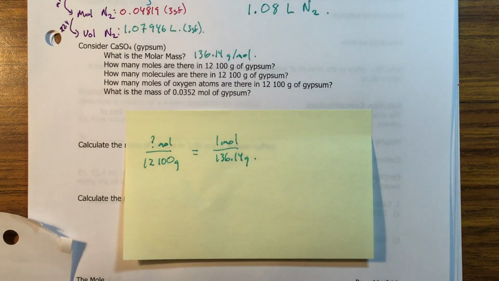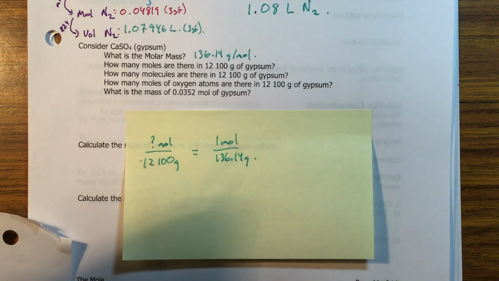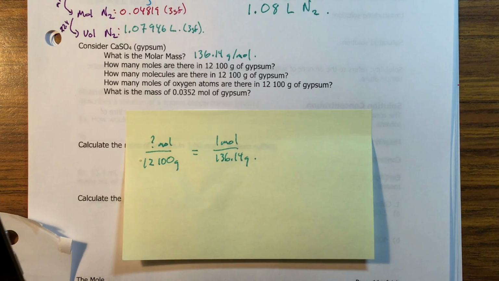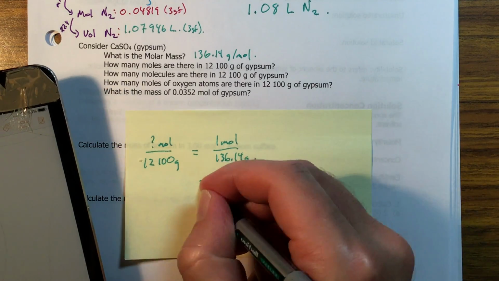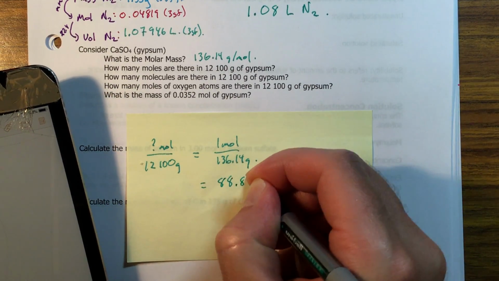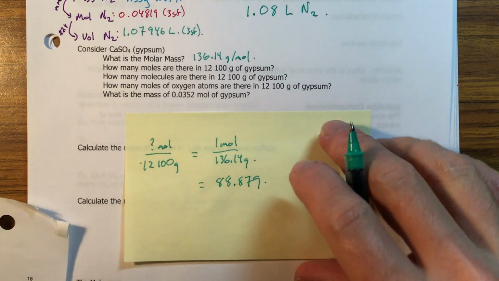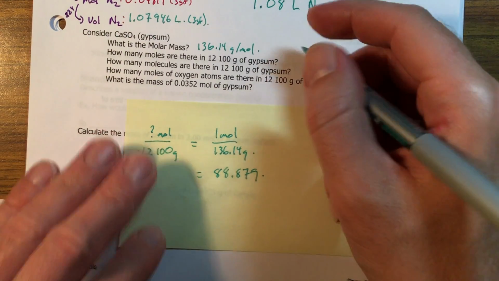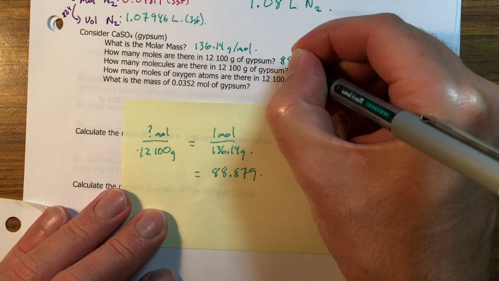We take 12,100 and divide it by the 136.14 to get 88.879. We should have 3 significant figures in this, so 88.9 moles.